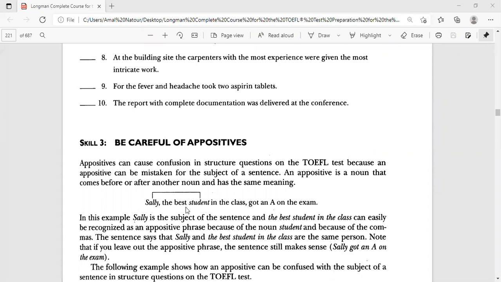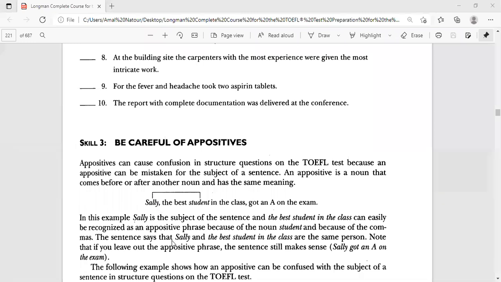We have to notice that it is preceded and followed by commas. Then it is an appositive phrase, because of the noun here, student, and because of the commas. We notice that Sally is the subject, and mainly because of the commas, the appositive is not considered the subject, although student and Sally refer to the same person.